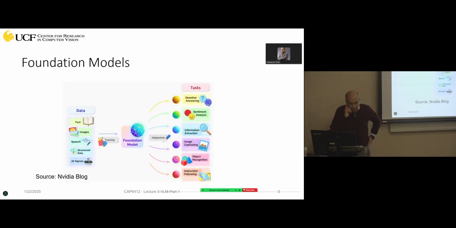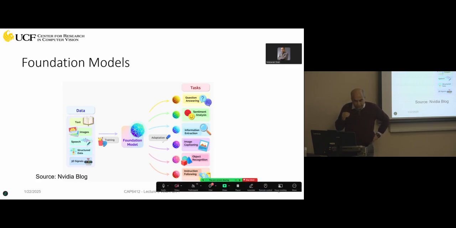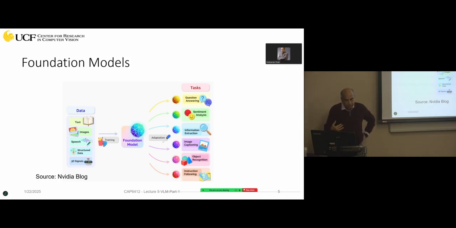So here's an example of that. We have data, like text, images, speech, structured data, 3D signals, and all kinds of things. We use this to train a foundation model. Then we can adapt that model to different tasks, such as question answering, sentiment analysis, information extraction, image captioning, object recognition, and all those things. So that's the general idea.